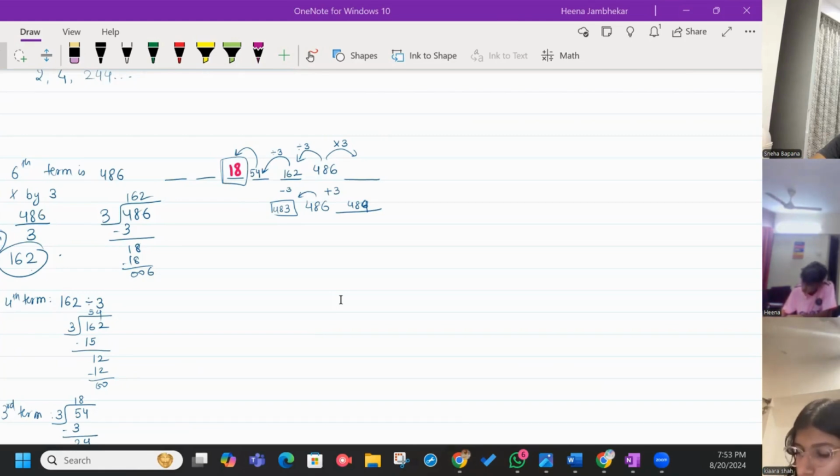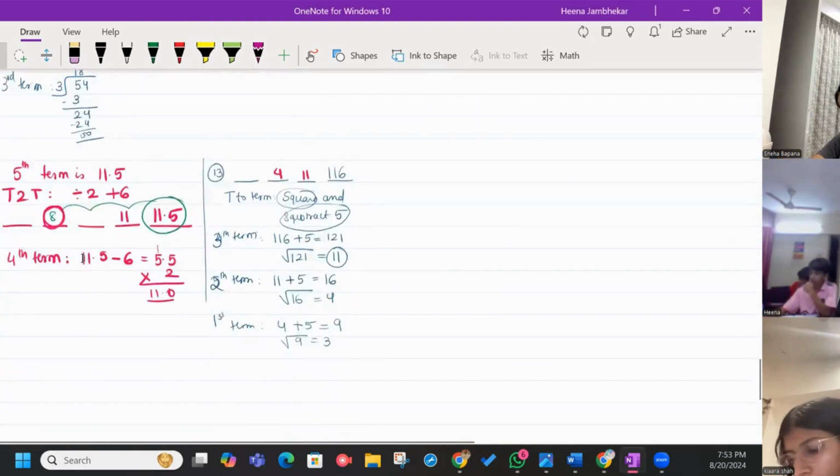Did you write this? The 6th term of a sequence is 486. And then it says the term to term rule is multiply by 3. What is the 3rd term of the sequence? Understand this. Are you all paying attention?